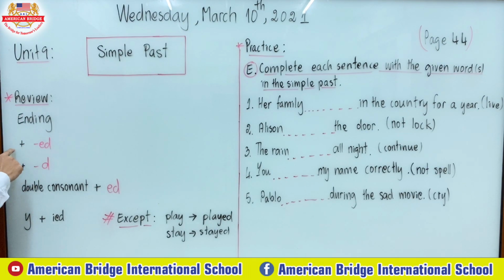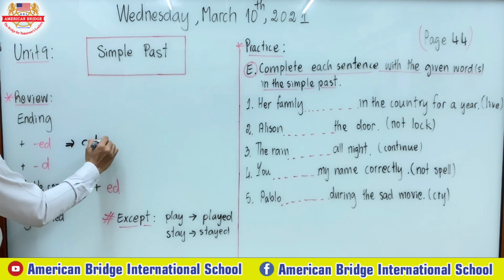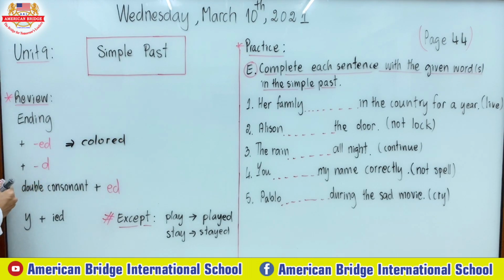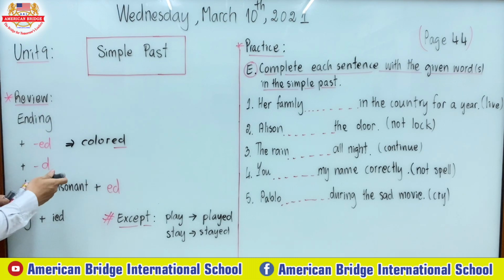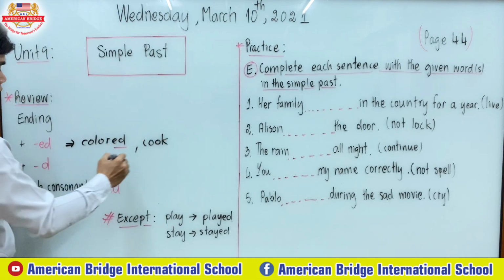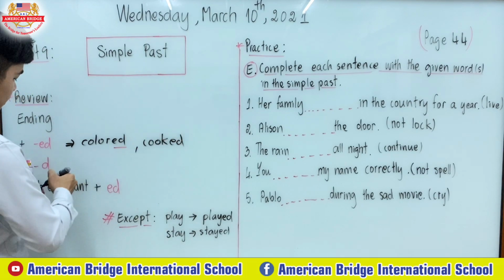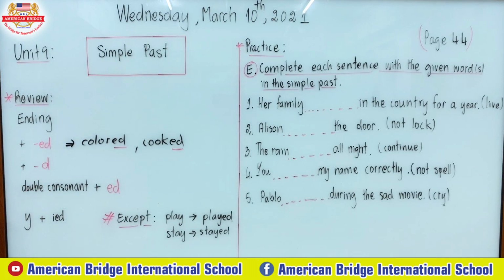Most verbs, we just add only ed, such as the verb color. You just add only ed, right? What else? We have the verb cook. For the verb cook, you just add ed. This is about the general verb, or most verbs, in the simple past.